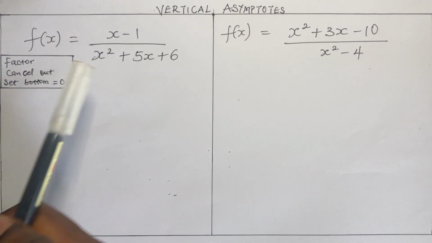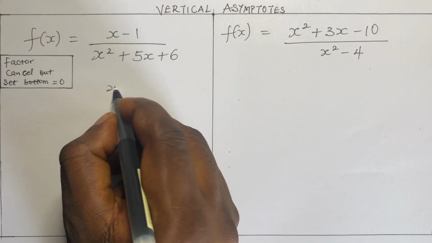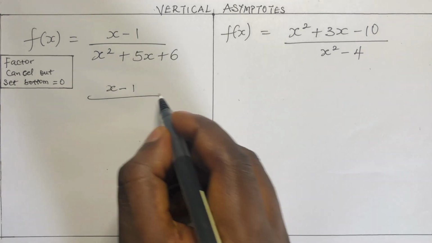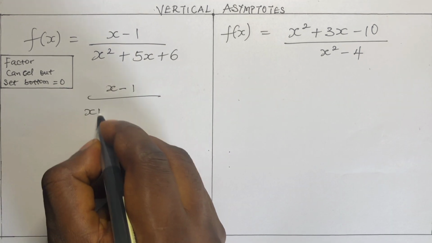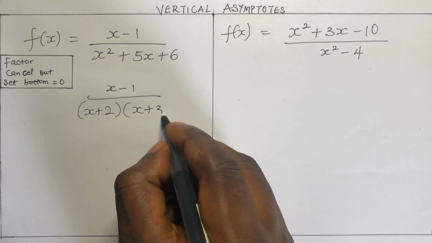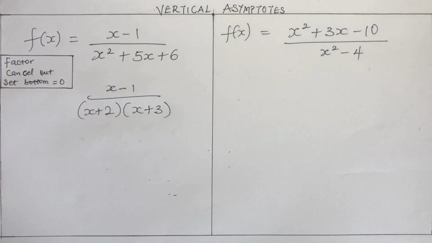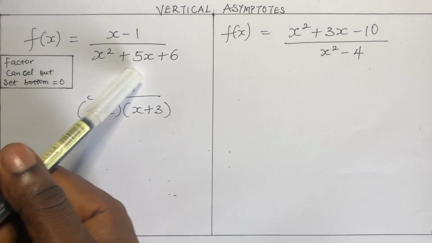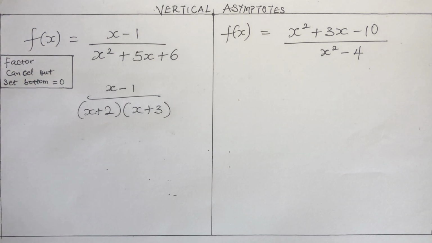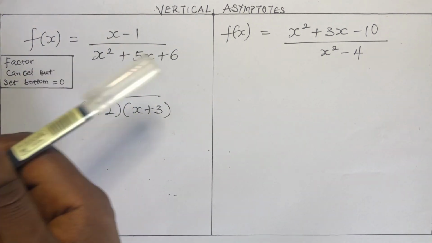And if we factor this denominator, we have x minus 1 over x plus 2 times x plus 3. So these are the factors of this quadratic expression.